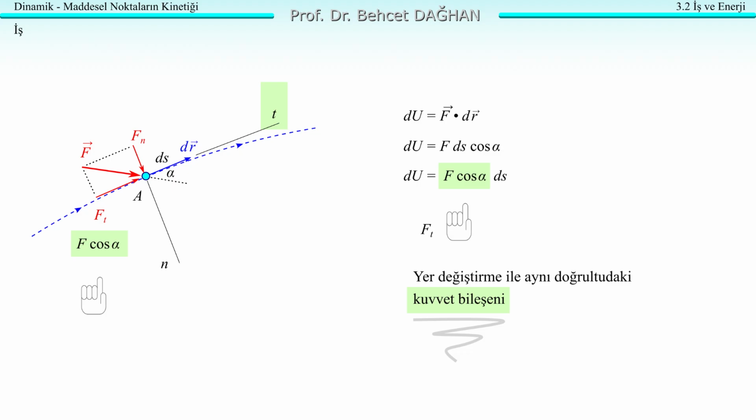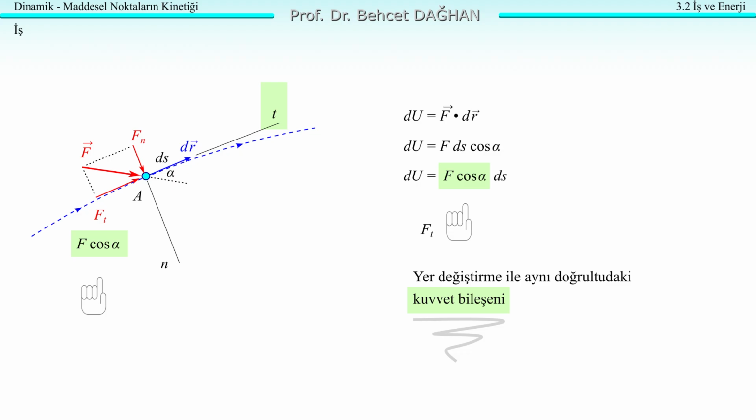As you know, the tangential axis is always tangent to the path. The displacement is also always tangent to the path. These coincide. Therefore, F times cosine alpha is equal to Ft, which is the force component in the same direction as the displacement.